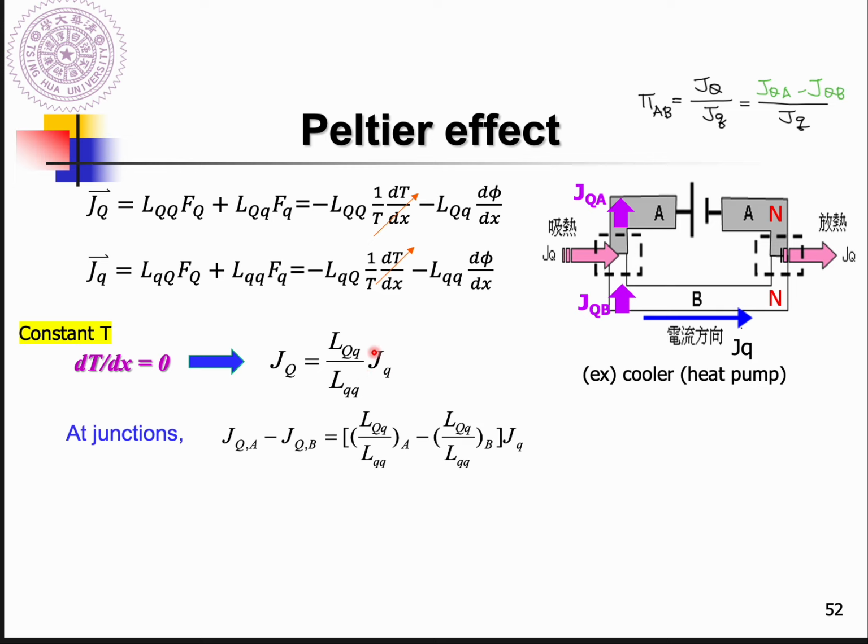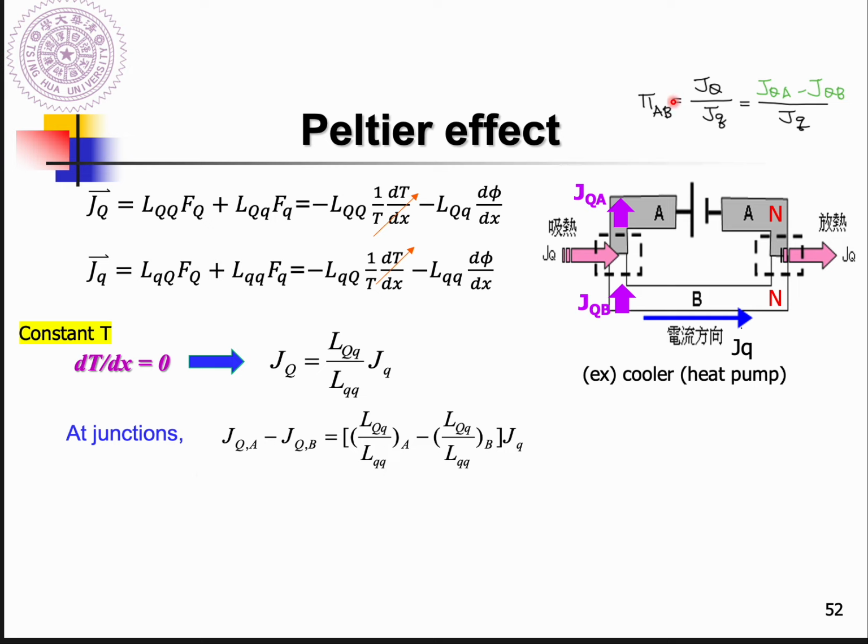So JQA minus JQB: we label these terms, this one belongs to material A minus this term belongs to material B, and they have the same electrical current.